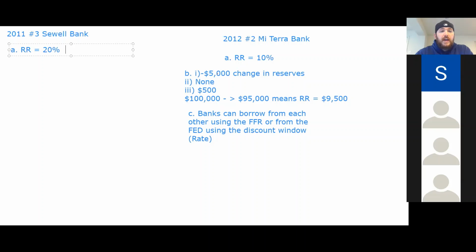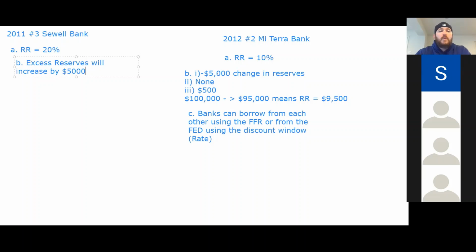For B, okay, we're looking at B now. Suppose that the Federal Reserve purchases $5,000 worth of bonds from Sewell Bank. What will be the change in the dollar value of each of the following immediately after the purchase? Okay, so if we're looking at our bank balance sheet, we know that immediately after the purchase, our excess reserves will increase by $5,000.